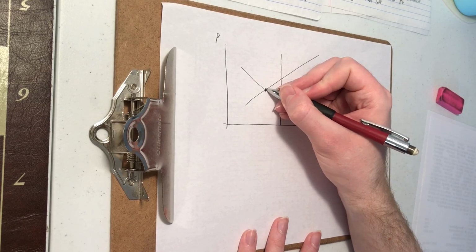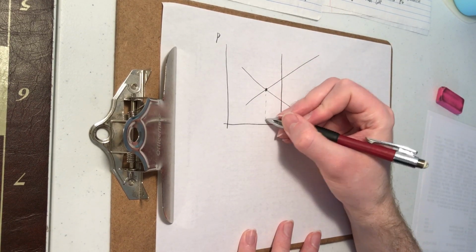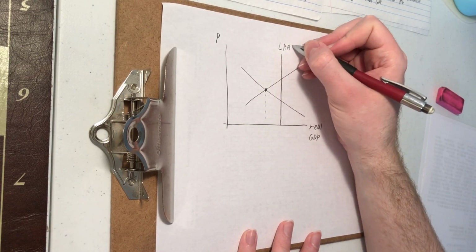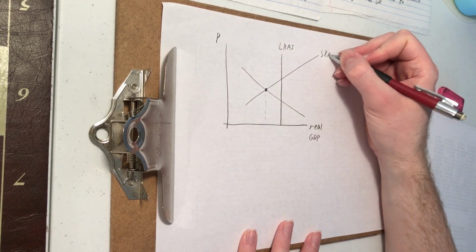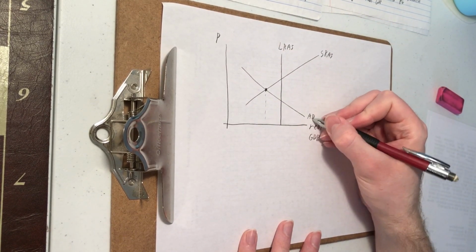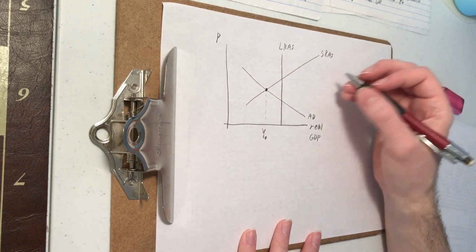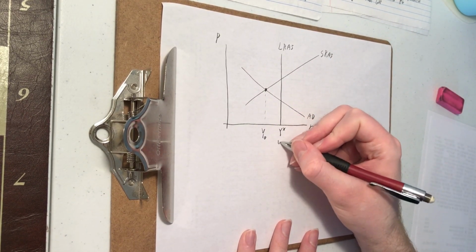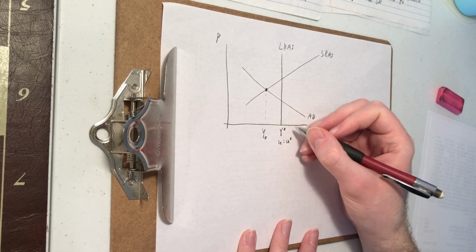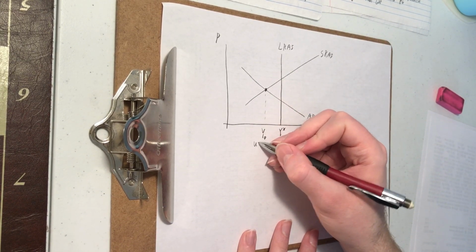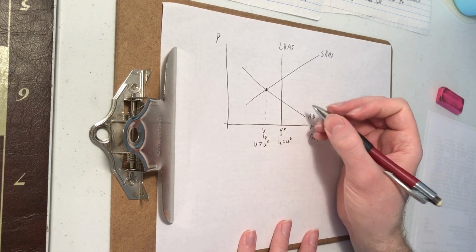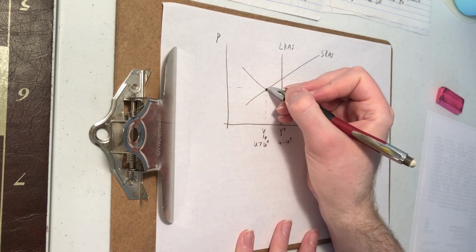So that'd be a point like this one over here, where you are below your LRAS curve. Call it Y0. Since we are below our LRAS curve, that means higher unemployment. So U is going to be greater than U star.